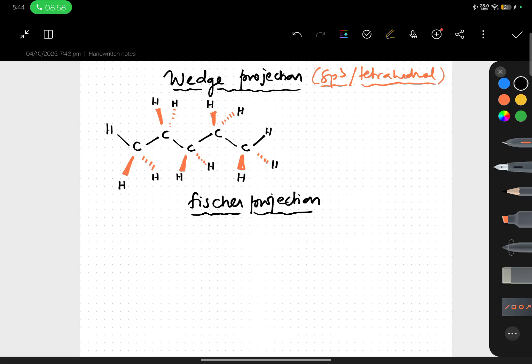Let me give you an example and then we'll go for it. The example I am going to take is tartaric acid. So in this case you have 4 carbons as usual. Okay, I am just going to draw the wedge projection of it.